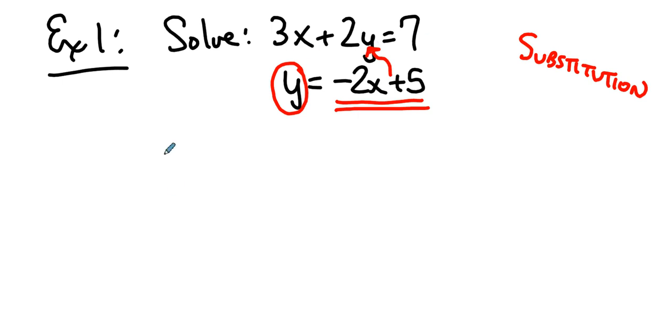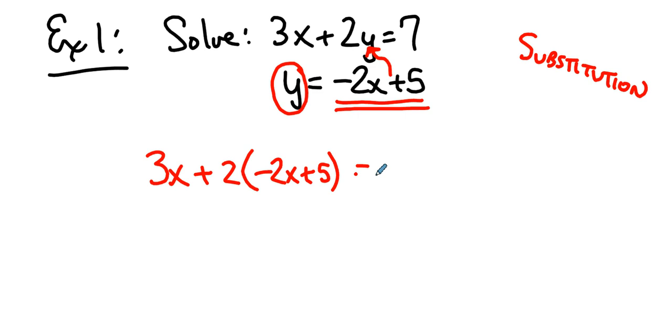So that first equation is 3x plus 2y equals 7, but this y is this y. And so then we have one equation with one variable, and this is something we should know how to solve.